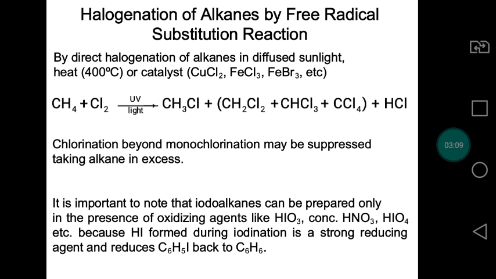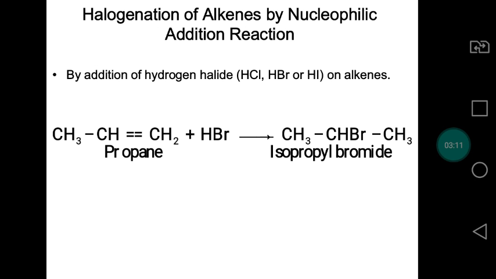Now let us go to the second. The second reaction we have already done in 11th grade. It is just addition of an HX molecule to an alkene. We have two types of alkene, one is symmetric alkene, another one is asymmetric alkene. Right now we will talk about asymmetric alkene.